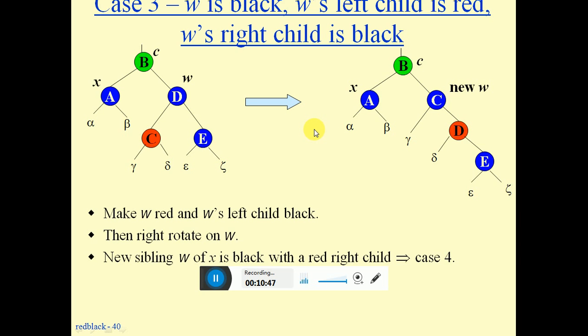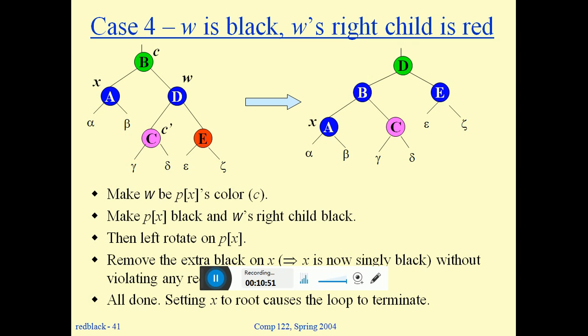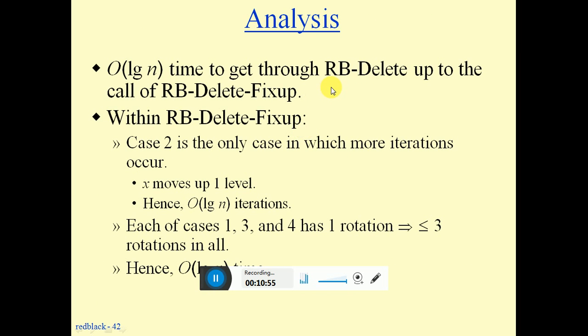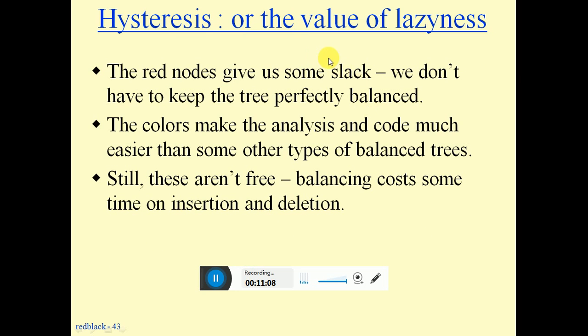Case 3: w is black, its left child is red and its right child is black. Case 4: w is black and its right child is red. Analysis of RB-Delete-Fixup: within the fixup we move up one level, and each of cases 1, 3 and 4 performs a rotation.